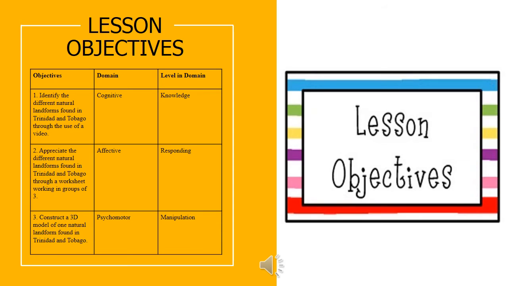And to attain the affective, you can have the students work in small groups, for instance, groups of threes, where they will engage in discussions, complete worksheets, and receive immediate feedback from their peers and from you, the teacher. The psychomotor will engage the students even further, as they will have to construct a landform using art and craft materials.